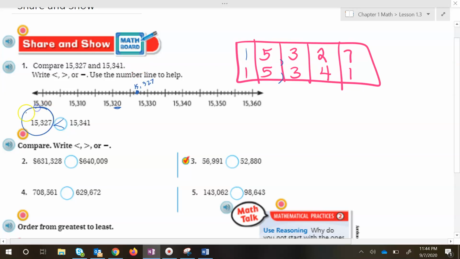That is the first number that we've plotted. And then we have 15,341. Well, here's 15,340. All we have to do is just one jump there. So we know right here it's 15,341. So that tells us right there on a number line, because remember, the numbers over here are closer to 0. So we know that this number is greater because it's farther along on the number line.